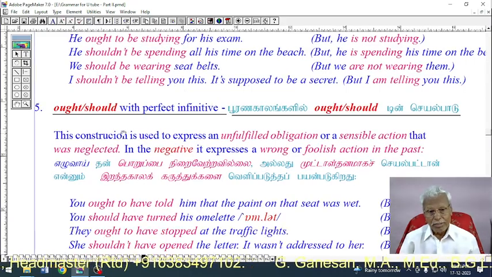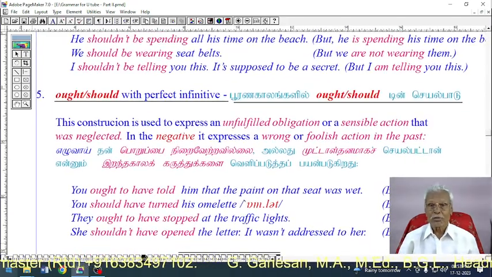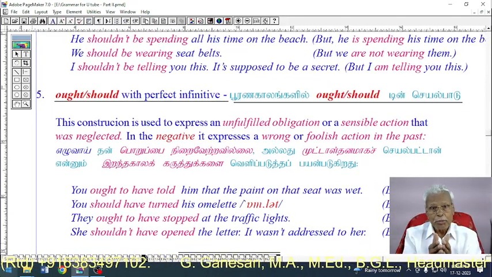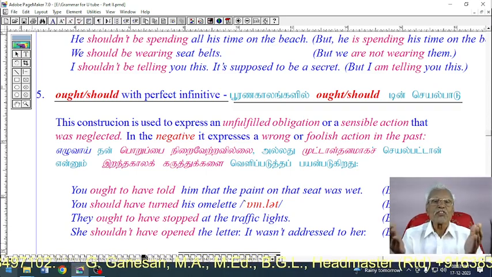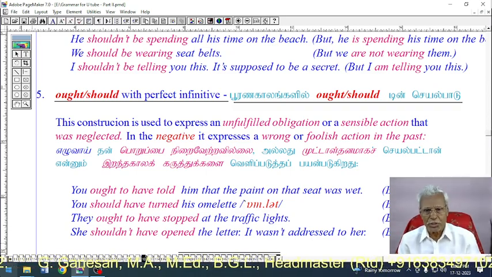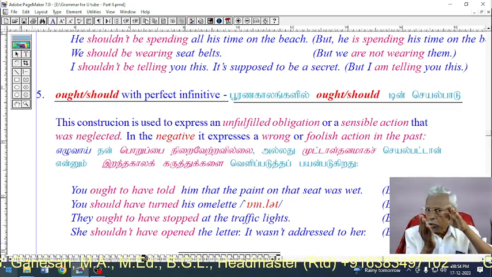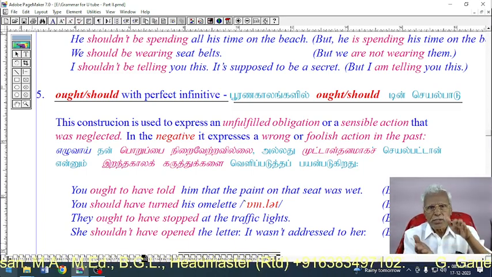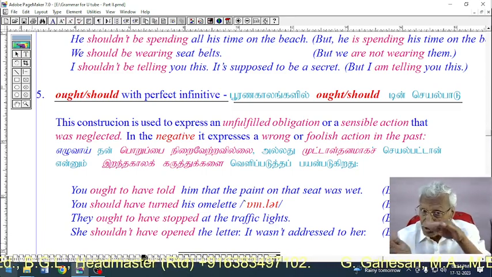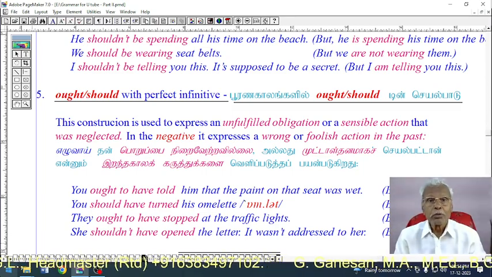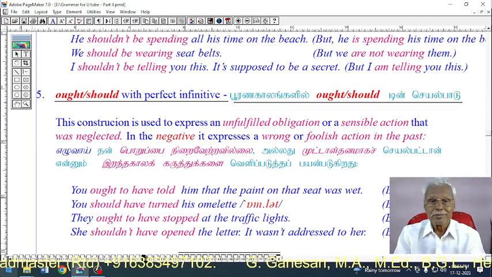Then the fifth one is should plus perfect. Should with perfect infinitive. What does it mean? That is, should plus have plus past participle. Should plus be plus present participle is used to express present events.